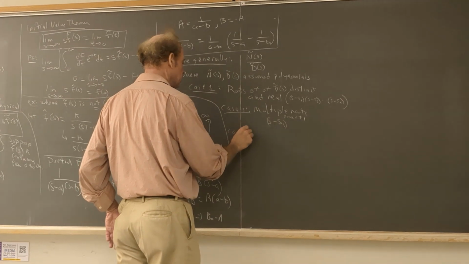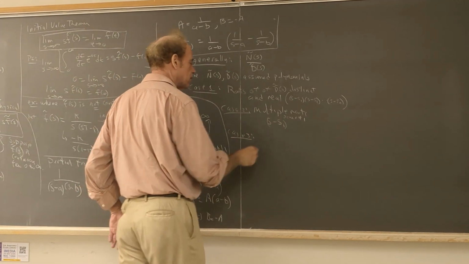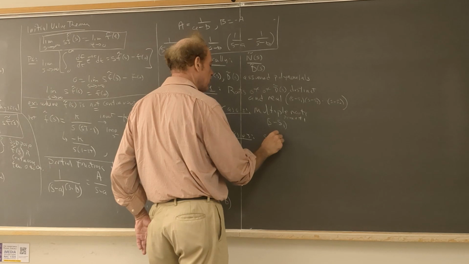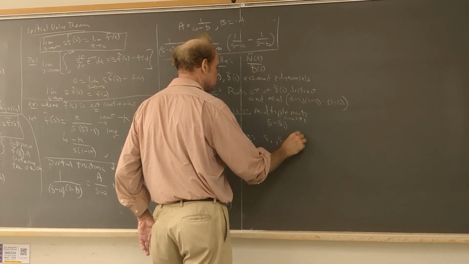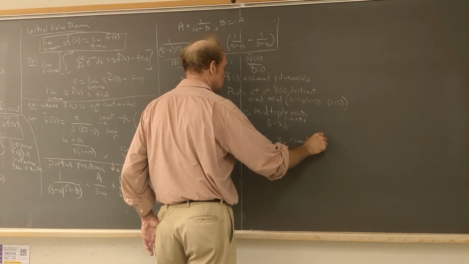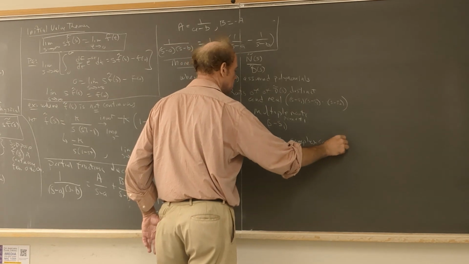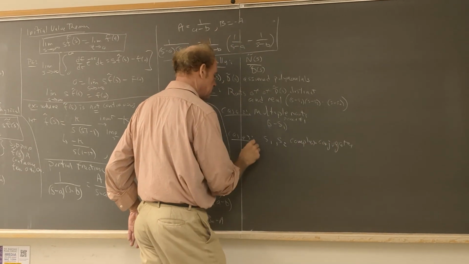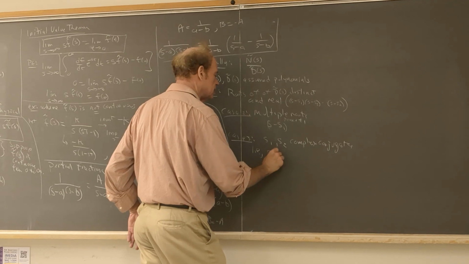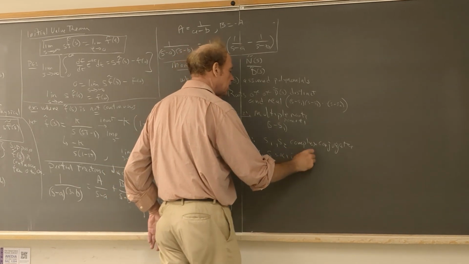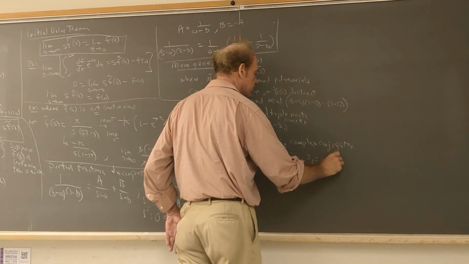And case 3 is where I have S1 and S2 being complex conjugates, i.e., S1 is alpha plus i omega, and S2 is alpha minus i omega.